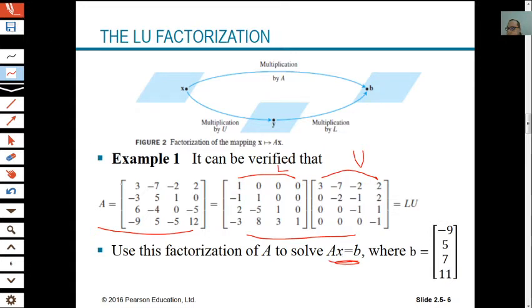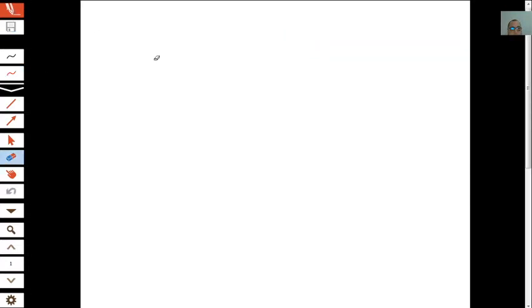So we have here the matrix A, example 1.